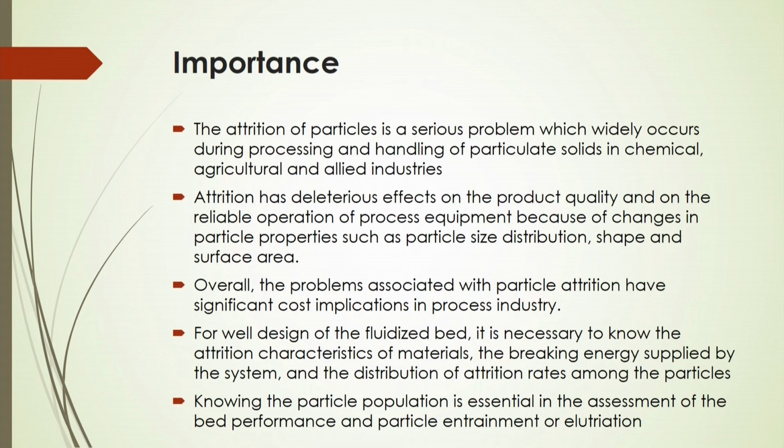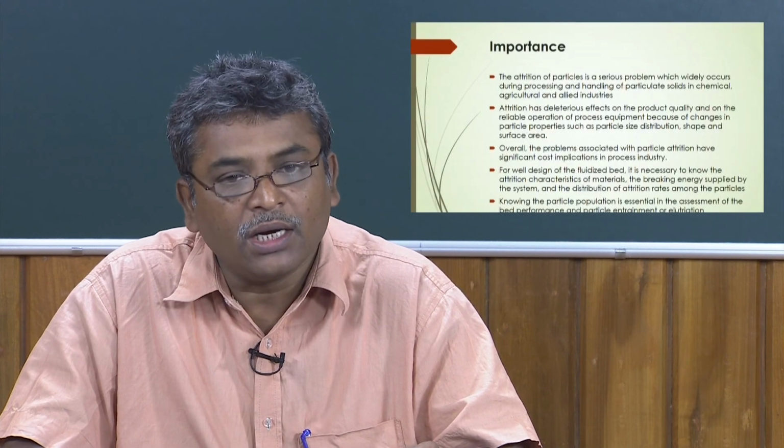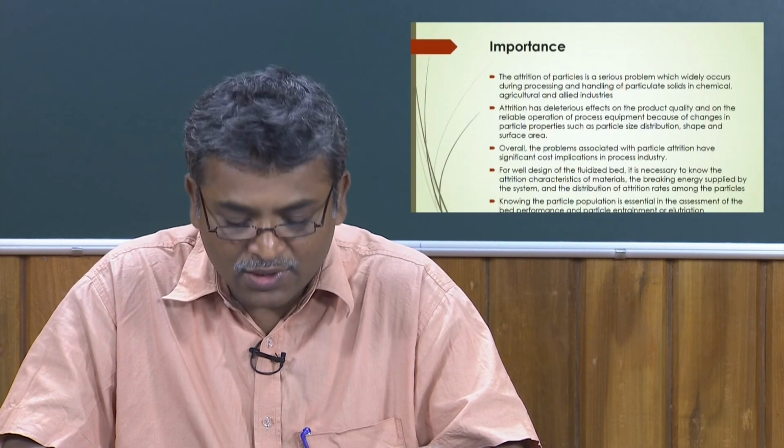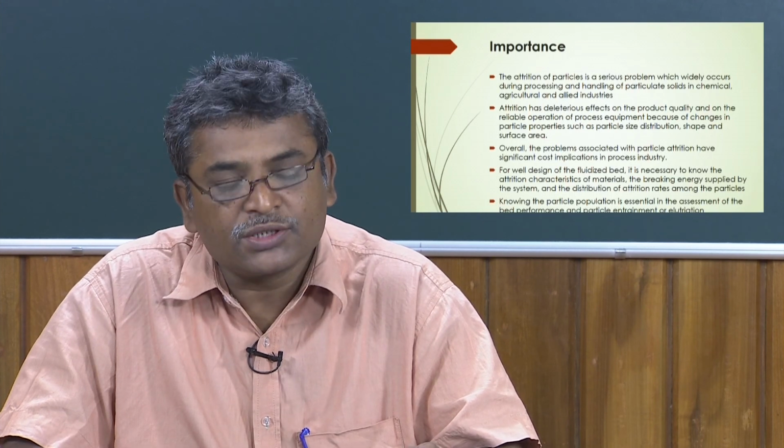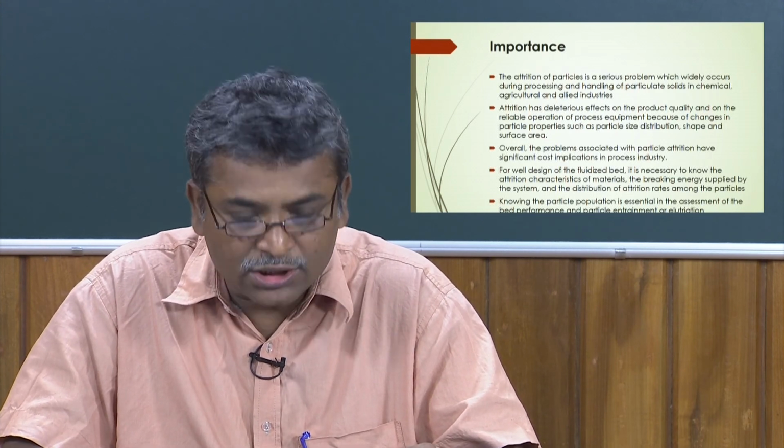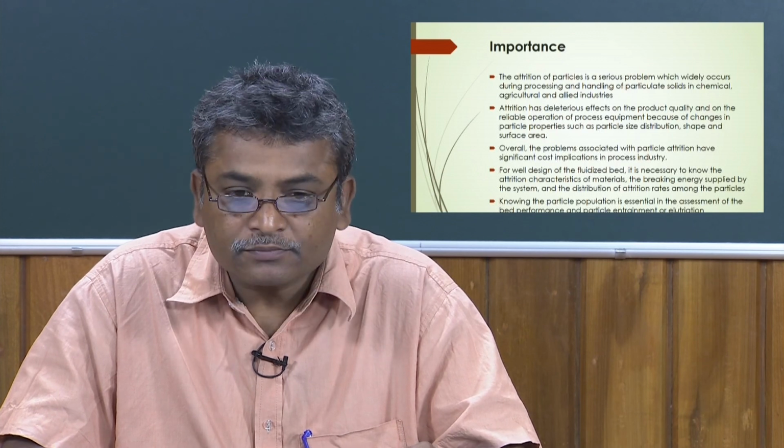So, attrition has a deleterious effect on the product quality and on the reliable operation of process equipment, because of changes in particle properties such as particle size distribution, shape and surface area, which will govern the change of mass transfer or heat transfer characteristics in the fluidized bed.